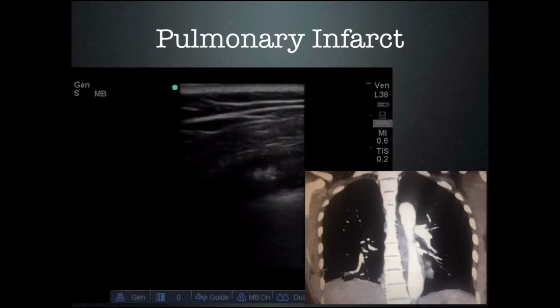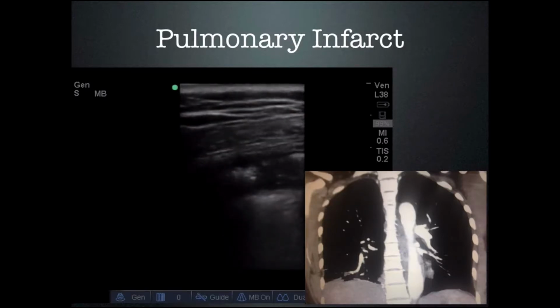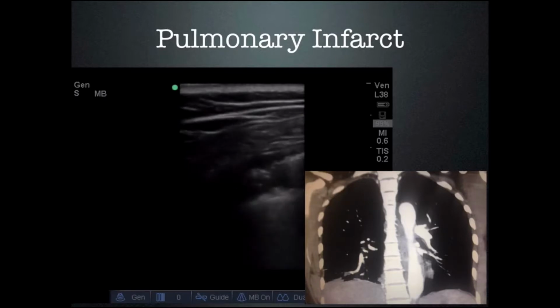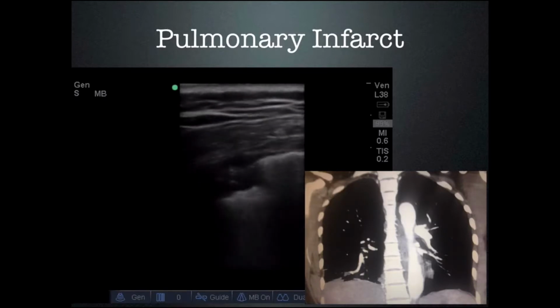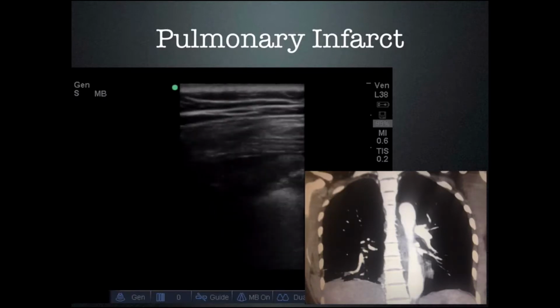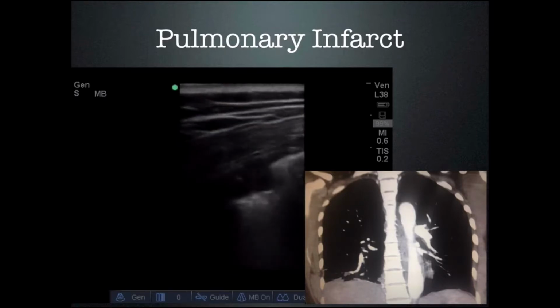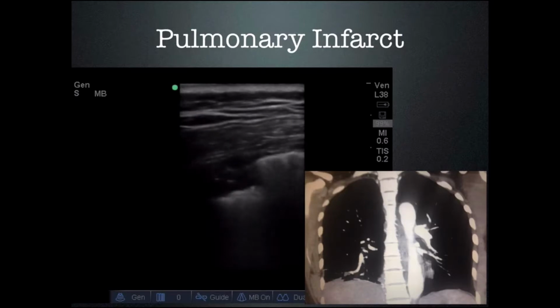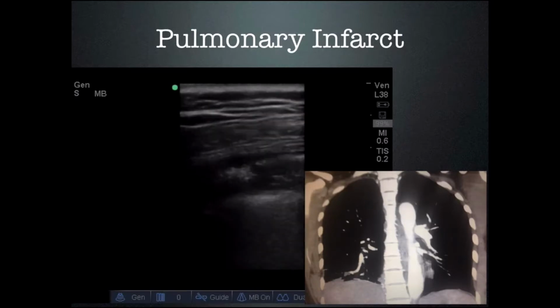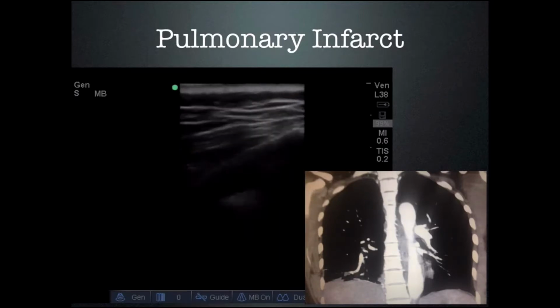Not only is CT better at imaging the infarct, but it can also image the pulmonary arteries, and it can see the clot itself. Therefore, you should not rely on ultrasound in detecting a pulmonary infarct for the diagnosis of PE. However, if you do detect one, you can feel fairly certain that there is a pathology going on that needs more investigation.